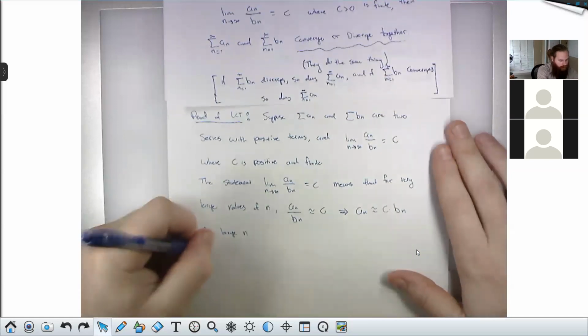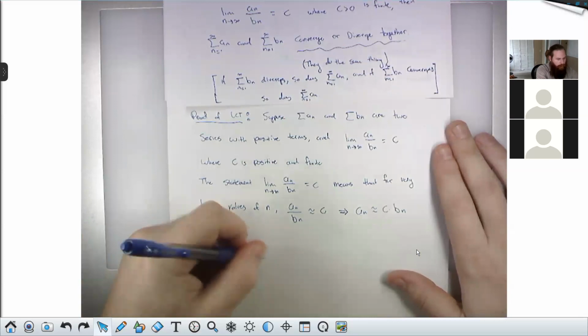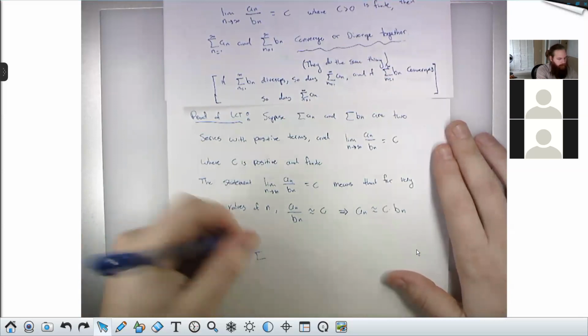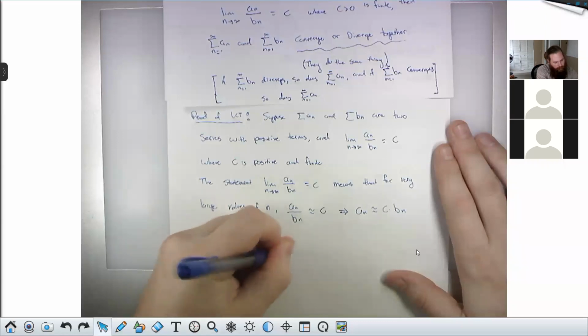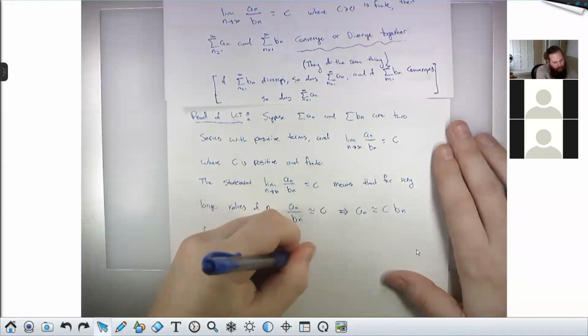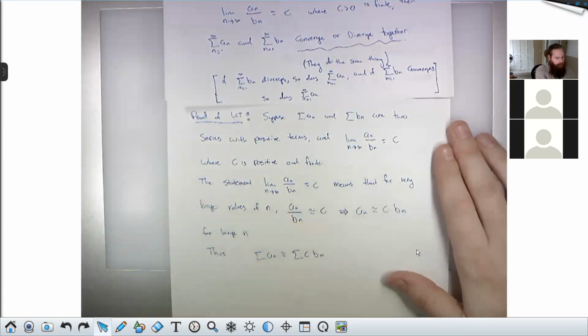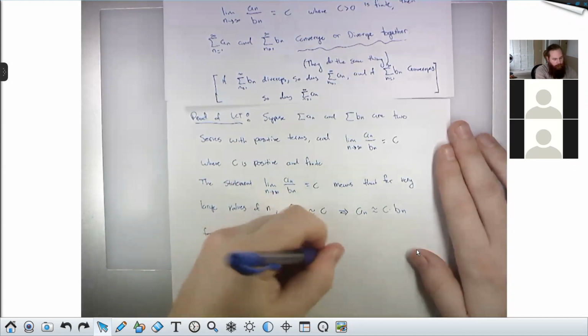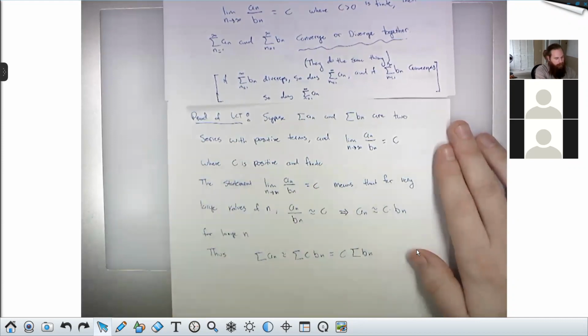Thus, the tail, let's say it like this, sigma An is approximately equal to sigma C times Bn, which is equal to C times sigma Bn.